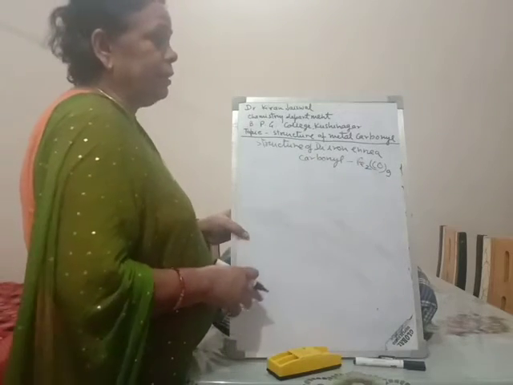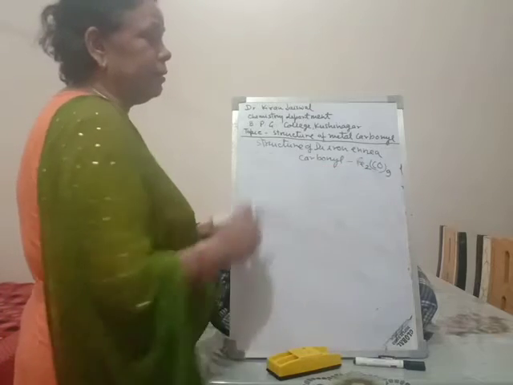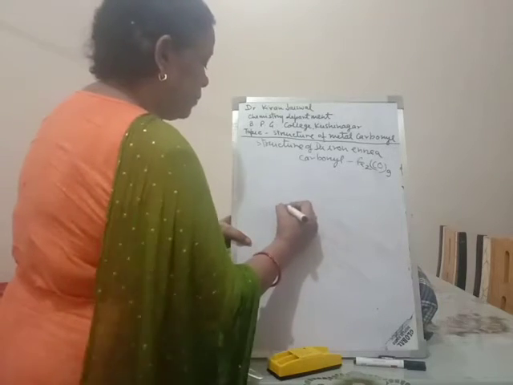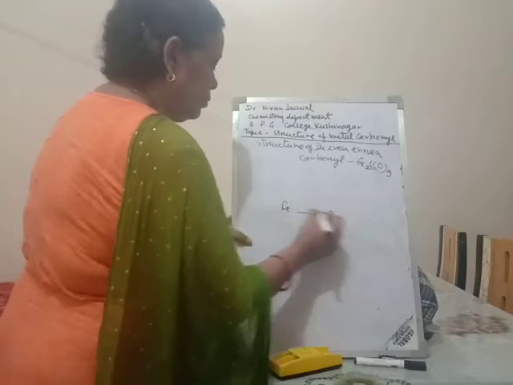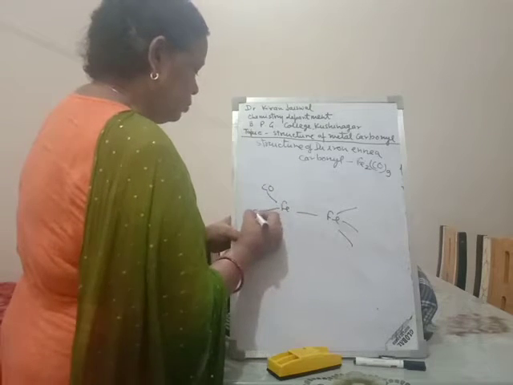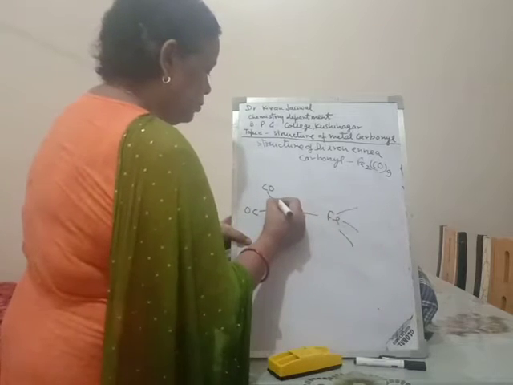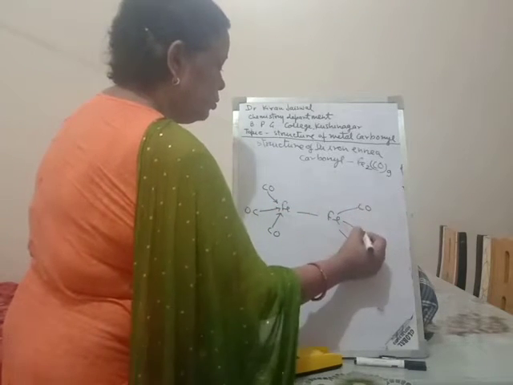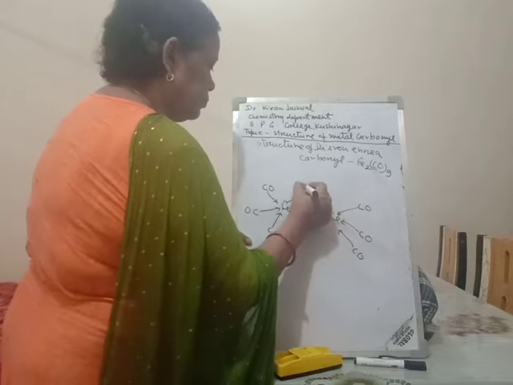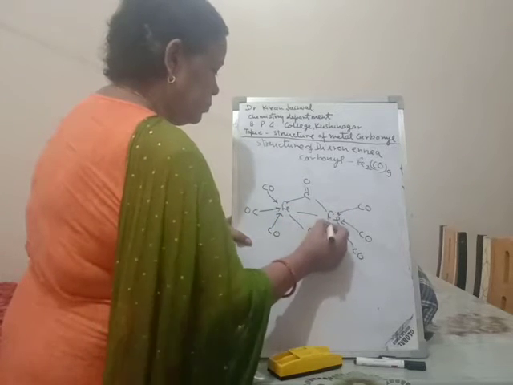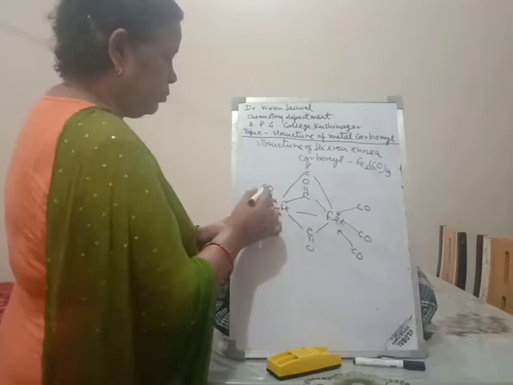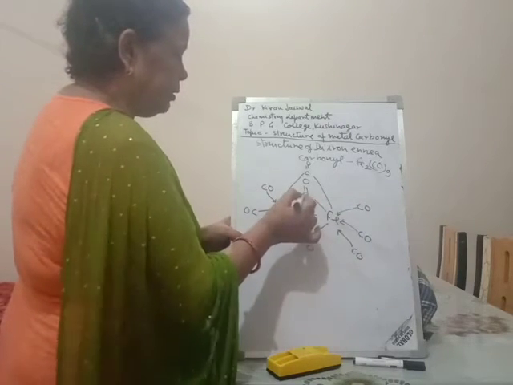By X-ray analysis, it has been found that this di-iron enneacarbonyl has the following structure: Fe, CO, and so on.